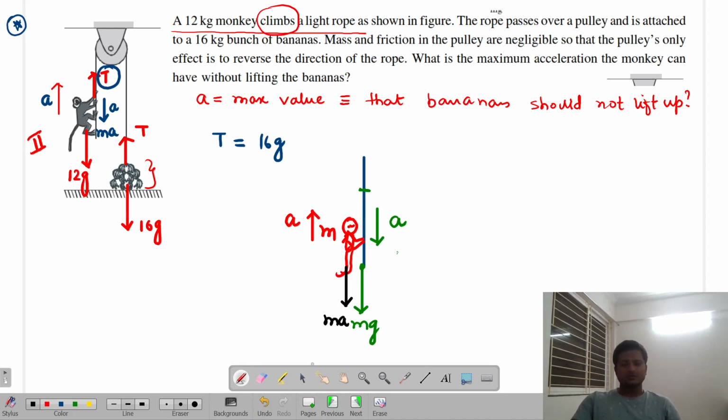You can call it a pseudo force. अच्छा, I'll tell you. Of course, it is an accelerating frame now.